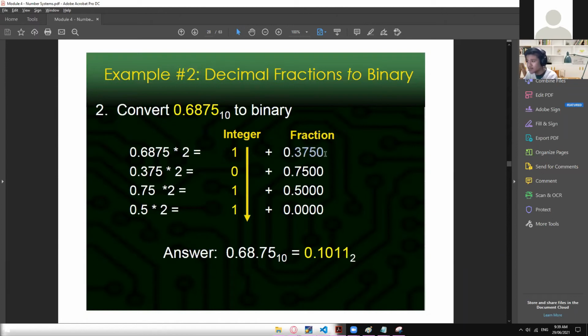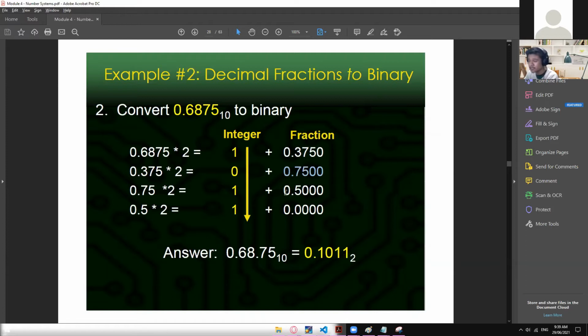And then just get this one, 0.375 times 2, you'll get 0.75. So 0 for the integer and then 0.75 for the fraction. Again, 0.75 times 2 will give you 1.5, so 1 for the integer and then 0.5 for the fraction. So 0.5 times 2 is 1, and then 0 now for the fraction.